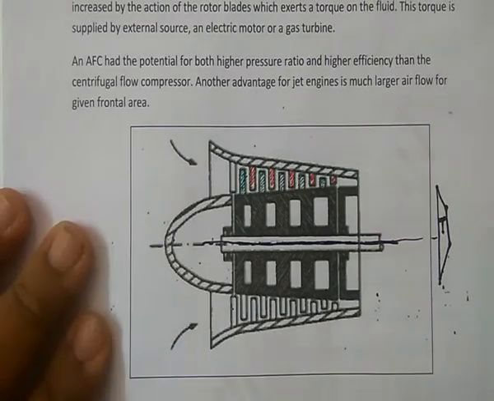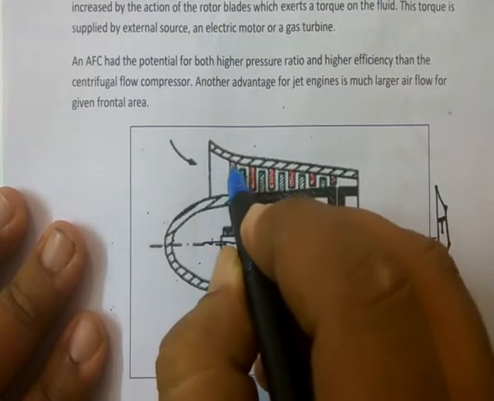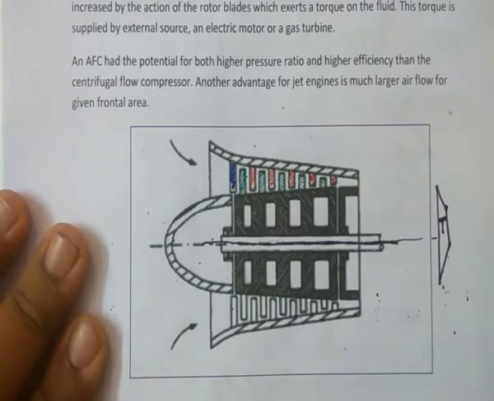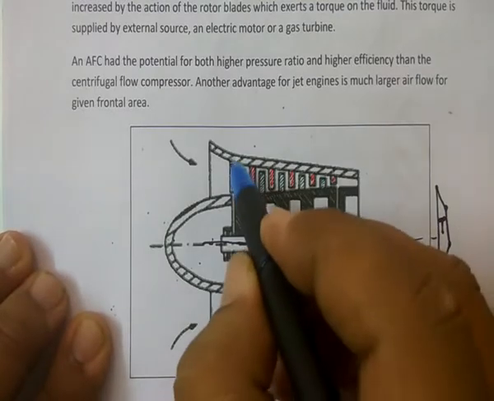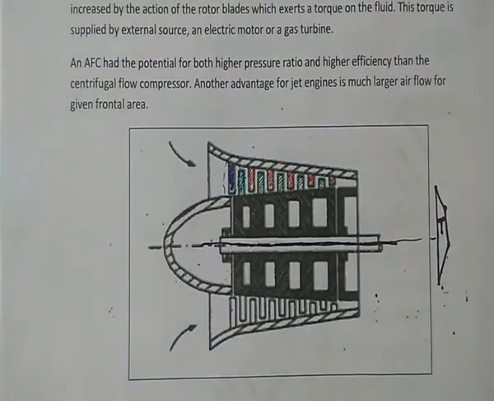Now in this starting point I have not done anything. This portion of blade, which I have colored with blue, is the inlet guide. These are known as inlet guide vanes. It is not always mandatory to have inlet guide vanes, and as the name suggests, their function is to guide the flow so that the flow enters properly into the rotor blades.